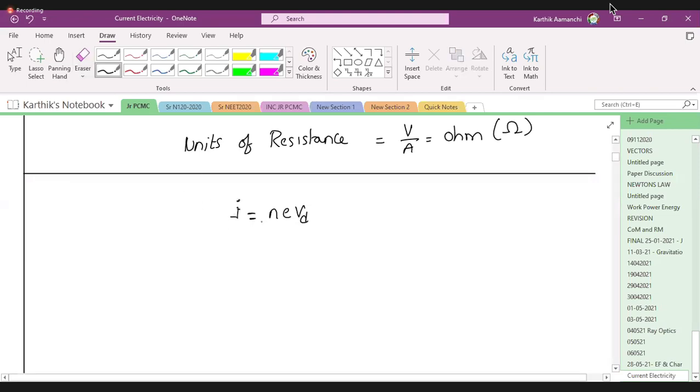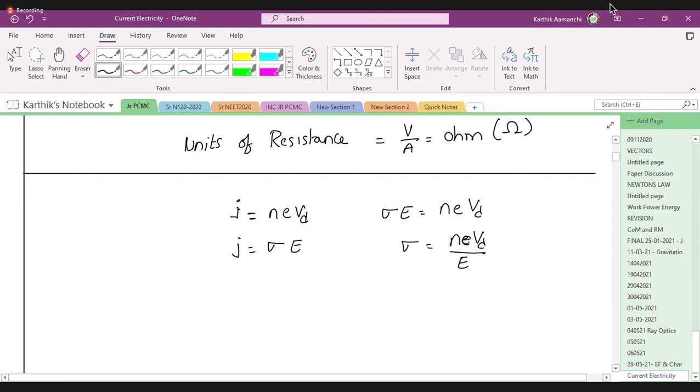J is N e VD, right? But J is nothing but your sigma into E, right? So sigma into E is equal to N e VD, or sigma is equal to N e VD divided by electric field.